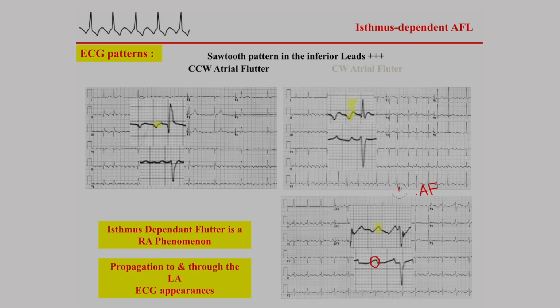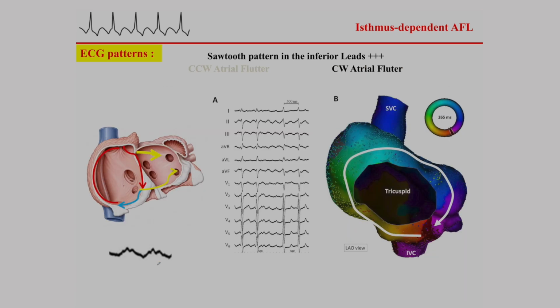So they concluded that isthmus-dependent flutter is a right atrium phenomenon, but the ECG pattern, especially in the counterclockwise flutters, is related to the propagation to and through the left atrium.